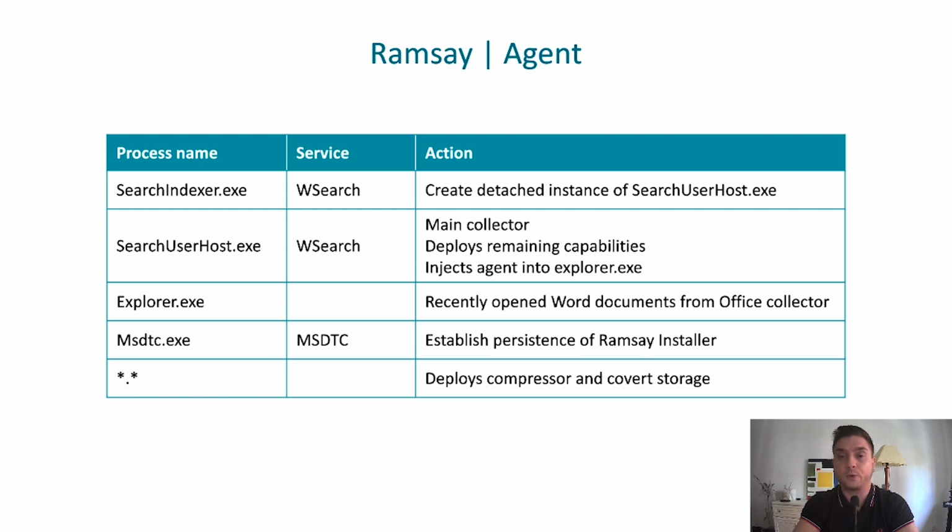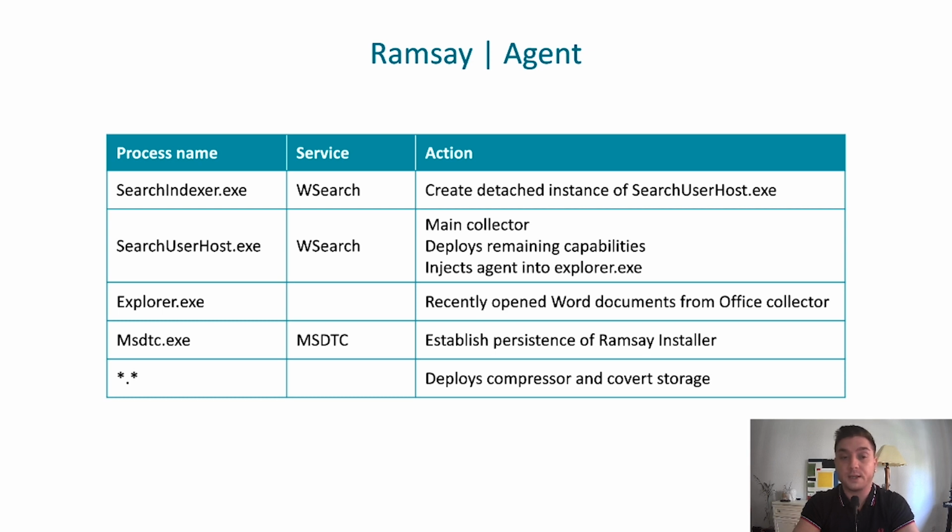And what it will do is create a detached instance of searchuserhost.exe. When Ramsay is loaded within searchuserhost.exe, it will perform its main capabilities, which range from collection to spreading, depending on the Ramsay version, but it will also inject itself into explorer.exe.